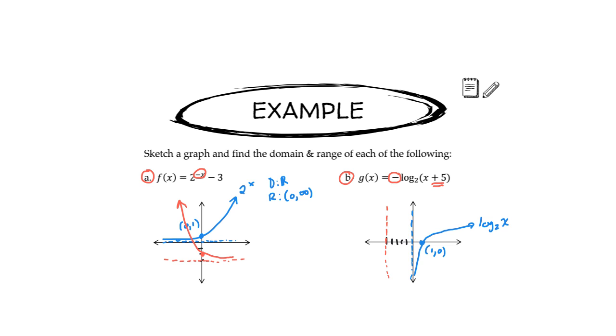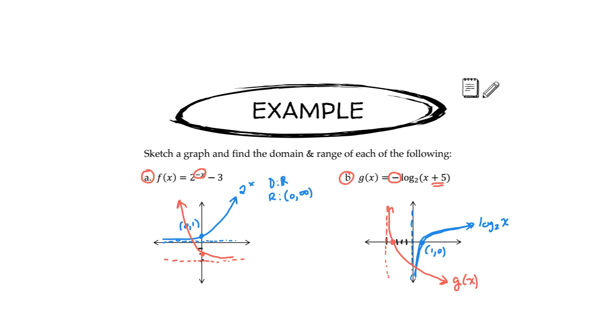So that means it's going to mirror the graph. Instead of mirroring it over the y-axis, it will mirror it over the x-axis. So instead of swooping up like I did before, drawing my log graph like this, I'll swoop down and it'll look something like this. This will be the graph of g of x right here.